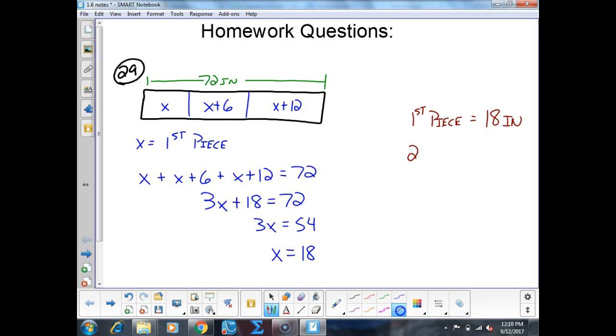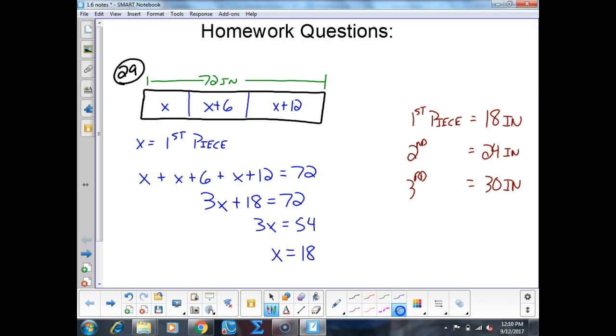The second piece is going to be 24 inches. And the third piece is going to be 30 inches. So there's really 3 answers to that particular problem.